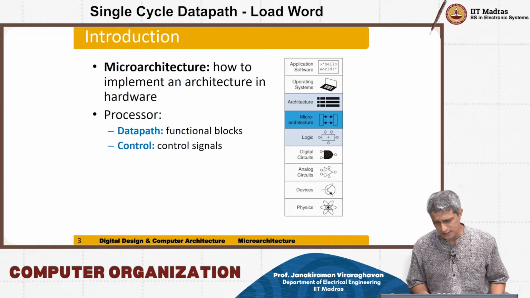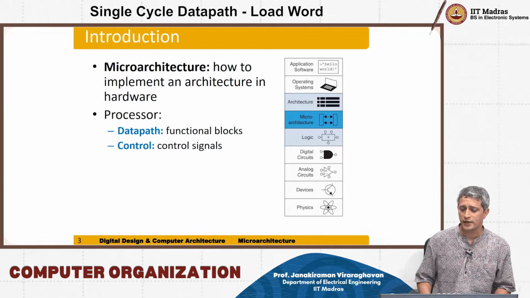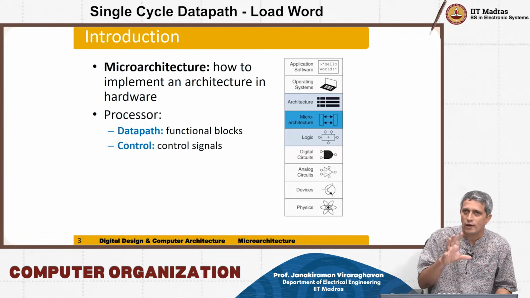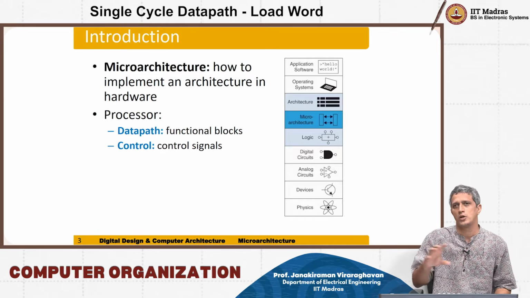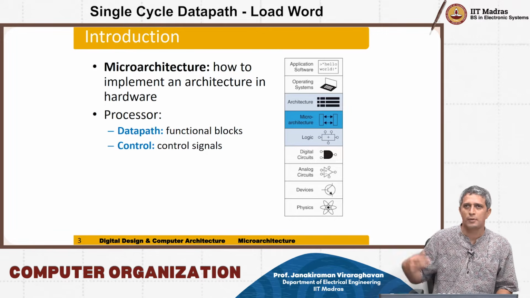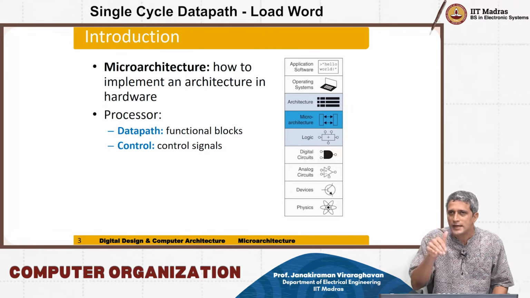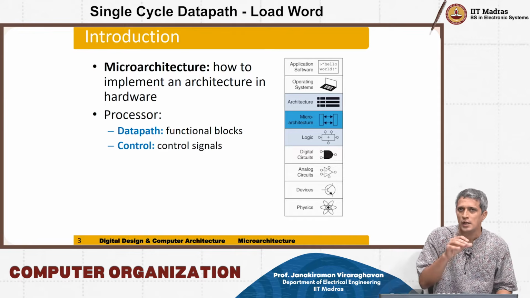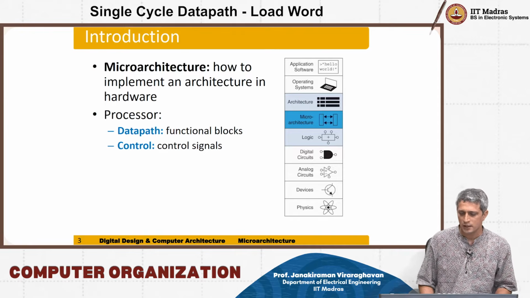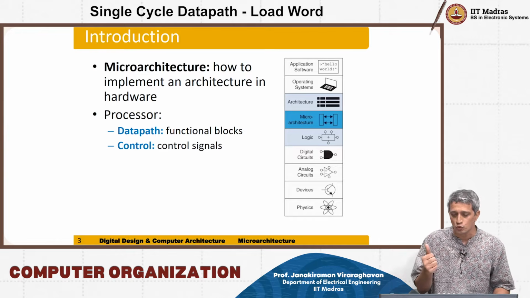So basically the point is a micro architecture is, how do you implement an architecture in hardware, right? So we have discussed, okay, we want the op code, we want the instruction code, machine code to be like this, but now how do you take that to an implementation? What are the actual hardware elements that go into the implementation? And a processor typically has two key elements.